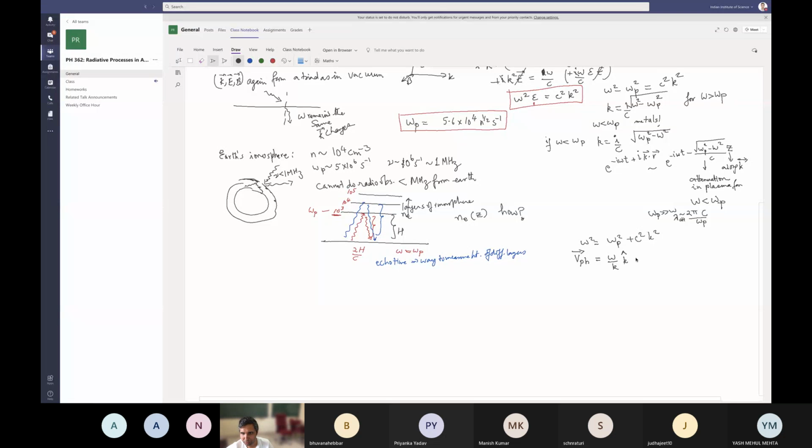And we know k is equal to the square root of (omega squared minus omega p squared) divided by c, right? So this is the phase velocity. So this is equal to c divided by the square root of (1 minus omega p squared by omega squared). So you see the phase velocity is greater than c, right? Because 1 minus omega p squared by omega squared is less than 1, so c is divided by something which is less than 1. So phase velocity is greater than c.